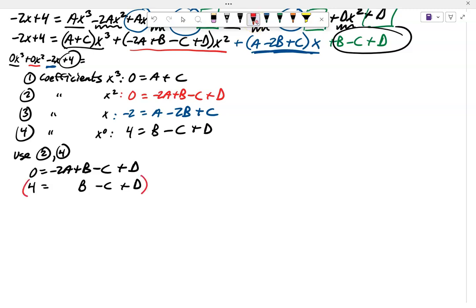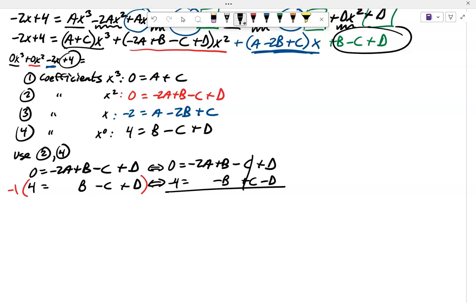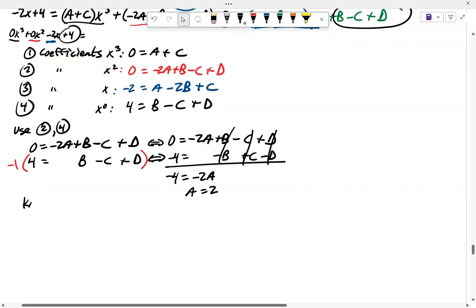So I'm going to multiply this by -1. So this will become -4 equals -b plus c minus d. See how those are gone. And so I got -4 equals -2a. I divide everything by -2, so my a ends up being 2. And so now I know a is 2.